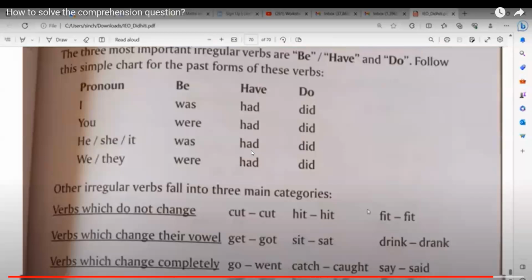He had a ball. Very good. Now, Shivam, can you give me an example with he and had? He had a bungalow.